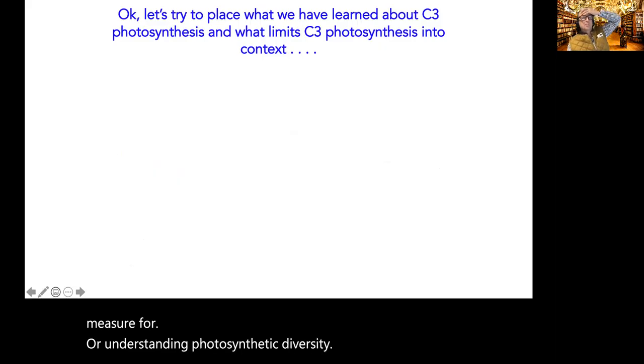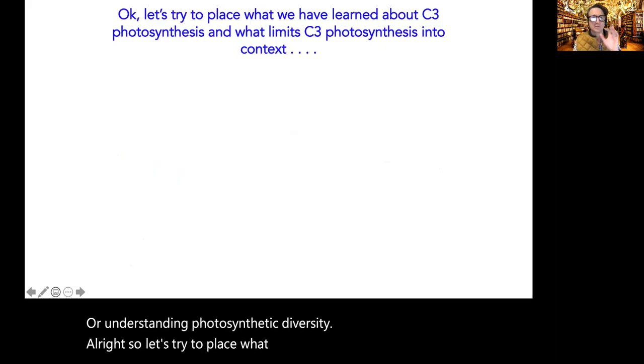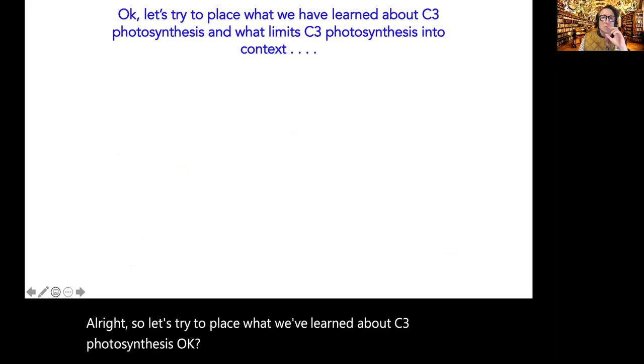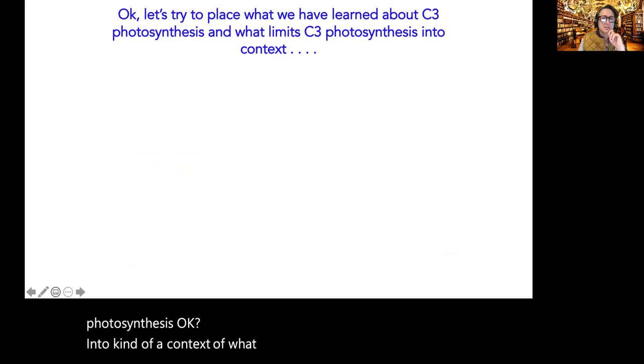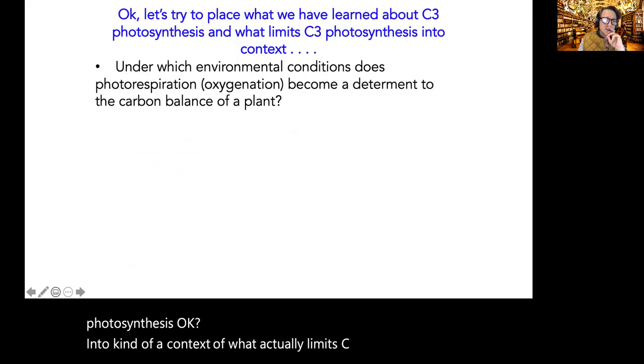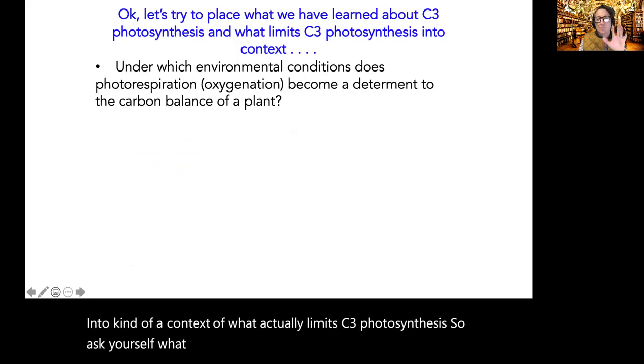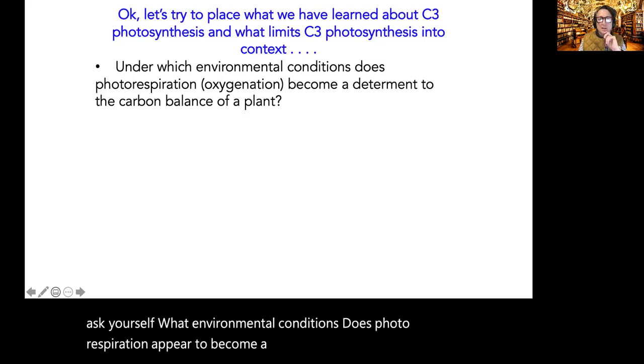All right, so let's try to place what we've learned about C3 photosynthesis into a context of what actually limits C3 photosynthesis. So ask yourself, under what environmental conditions does photorespiration appear to become a detriment to the carbon balance of the plant?